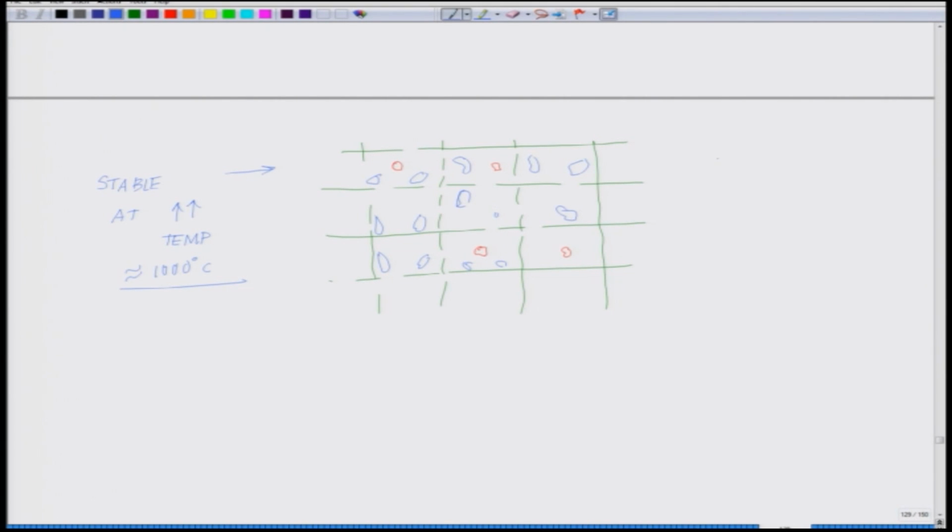These are stable at high pressure, and they can trap several cations. Cations could get trapped in such a structure.